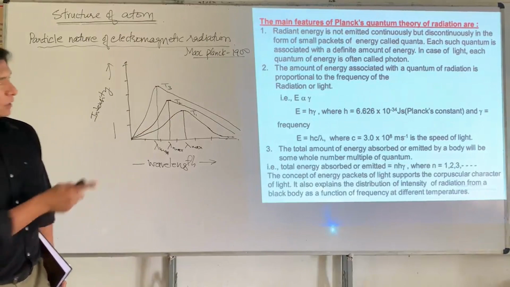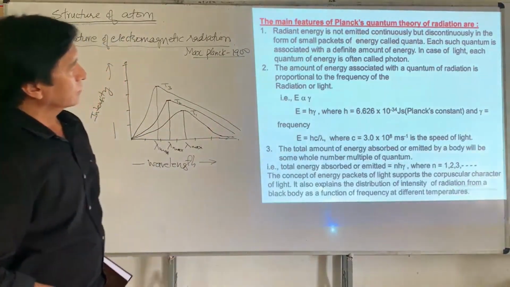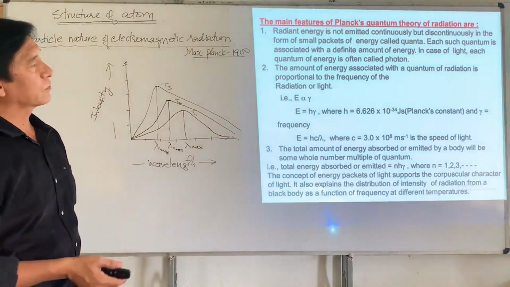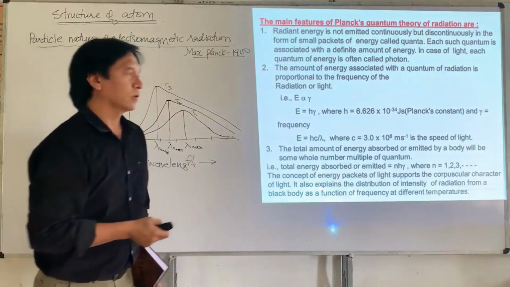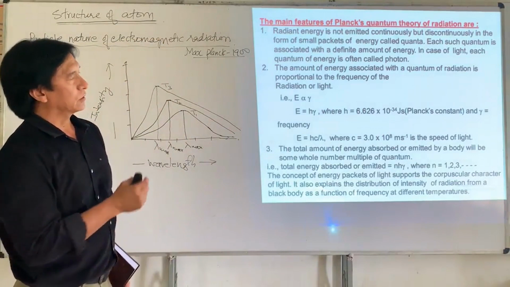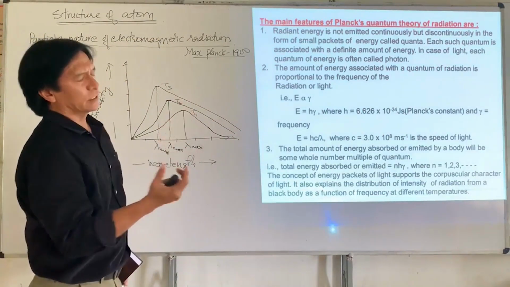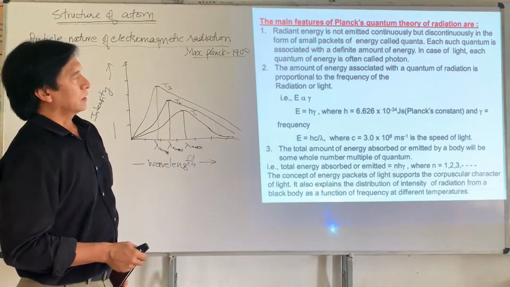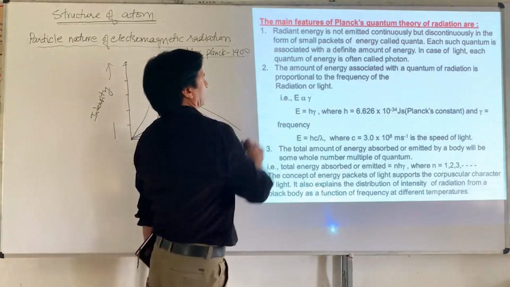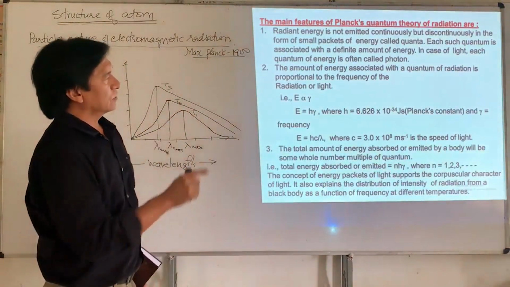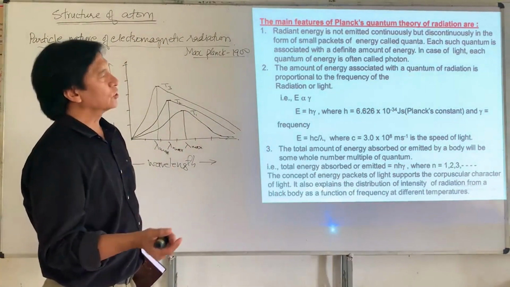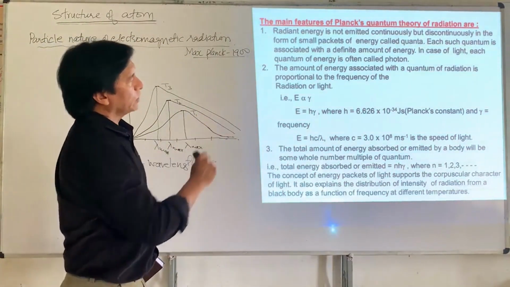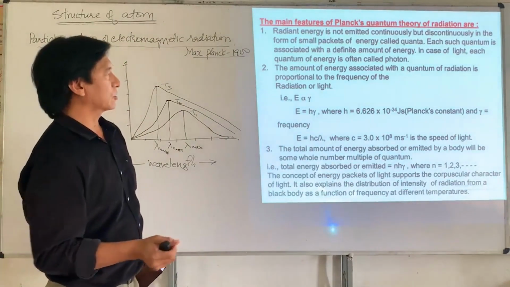That's something interesting. And now the next point here is the amount of energy associated with a quantum of radiation is proportional to the frequency of the radiation or light. So here energy is getting quantified. You will see that the energy E associated with a quantum of radiation is said to be proportional to the frequency of the radiation or light.